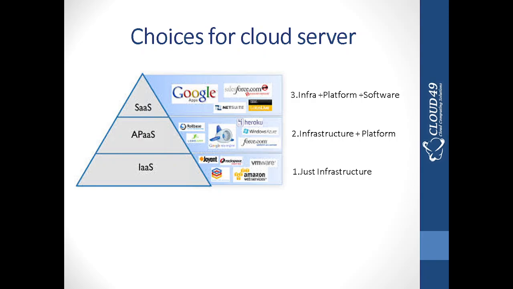Next is PaaS, which is called platform as a service. Platform as a service is what? Infrastructure plus platform. Infrastructure is the same hardware, plus platform. What type of platform you want to use? Like you want to use the Windows platform, Linux platform, Unix platform, Sun Solaris platform, there are different platforms.